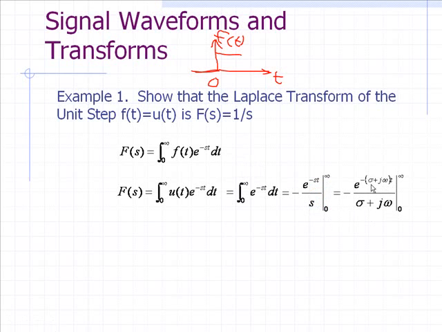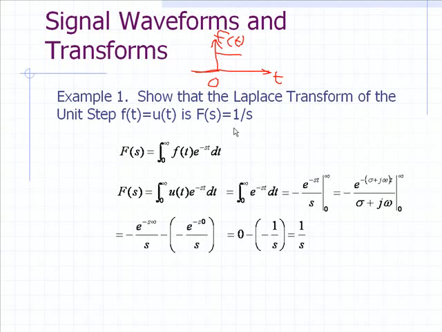The real part you can think of as a decaying exponential, and the imaginary part is an oscillation like a sine and cosine function. Replacing the s with this type of function, evaluating the upper limit, then the lower limit, yields the following result, 1 over s. So whenever you see this function in the time domain, this is how it's described in the frequency domain.